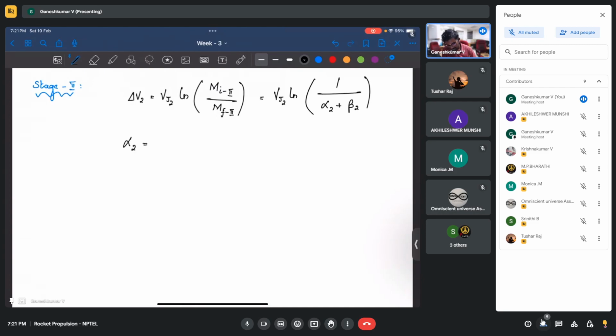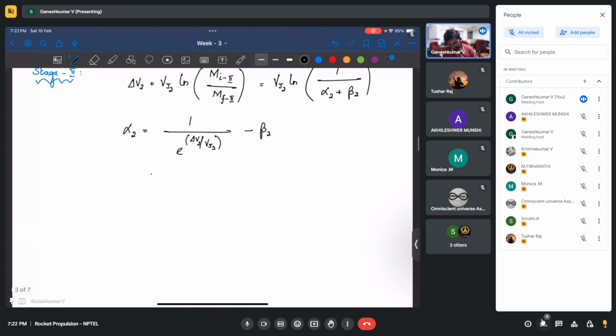Same thing, you can rewrite this as alpha 2 is equal to 1 divided by exponential of delta V2 by Vj2, minus beta 2. Since delta V is equally divided between these two stages, and Vj is also the same for both stages, and beta is also the same, you will end up getting the same alpha 2. Alpha 2 will be the same as alpha 1, which is going to be 0.15.